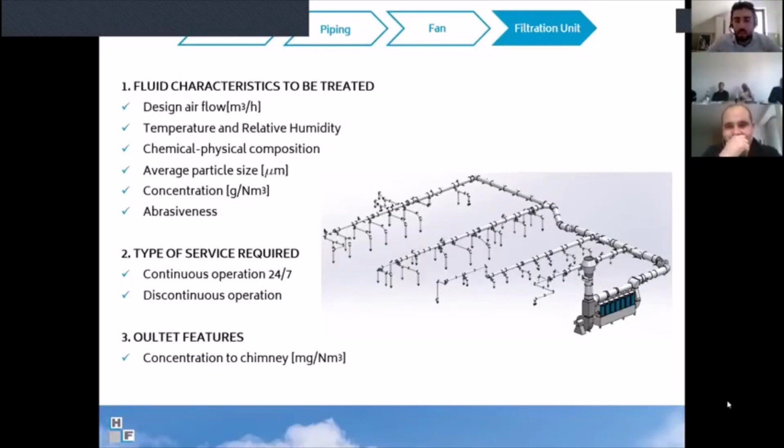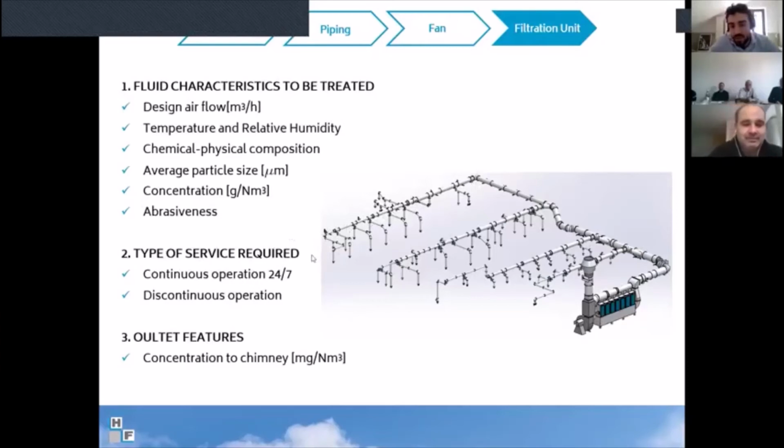This is an example in the picture of a big filtration unit on oil mist. There were, if I remember well, 36 machine tools with more or less 70 suction points. It's a very long piping, because this branch is more or less 40 meters.